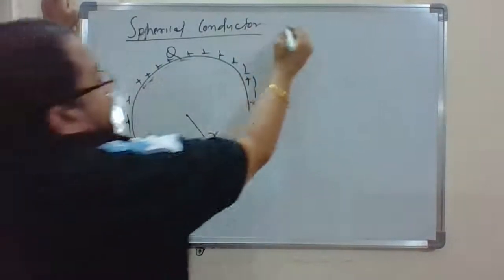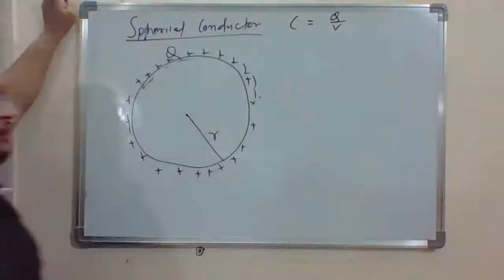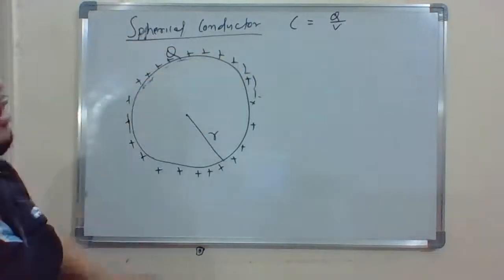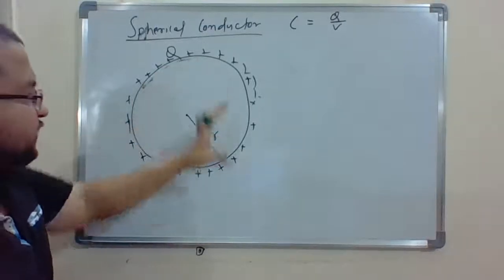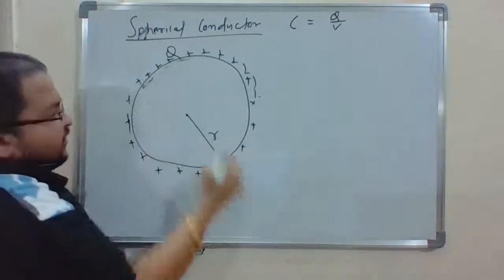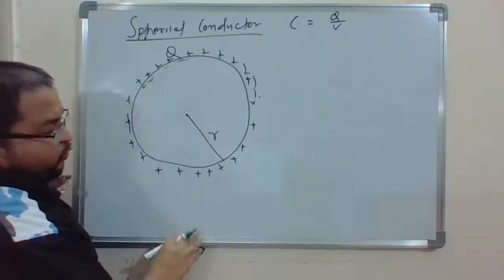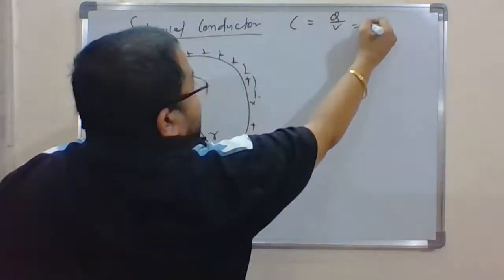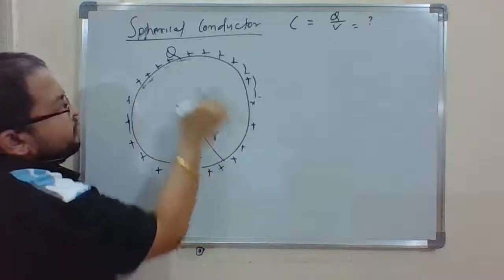So we know capacitance C is nothing but Q by V, right? So charge is given as Q. If I can find out the potential on the surface, I can find out capacitance of this spherical conductor, right? So let us try to find out what is the value of V. How do we give charge q to this?